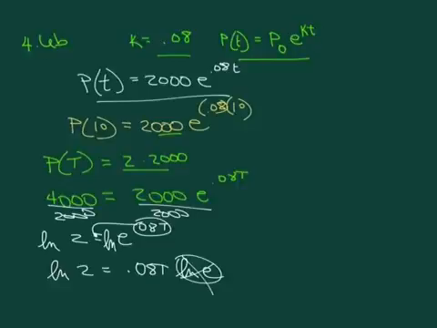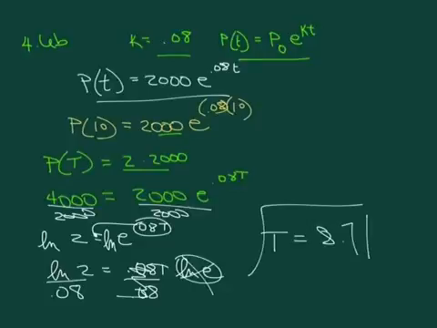And now you divide by 0.08, those go away. So T equals the natural log of 2 divided by 0.08, and you get, for your doubling time, 8.7 years. So if you put that $2,000 in the bank, and you're wondering how many years have to go by before that doubles, it's 8.7 years, and then it will have doubled in value.